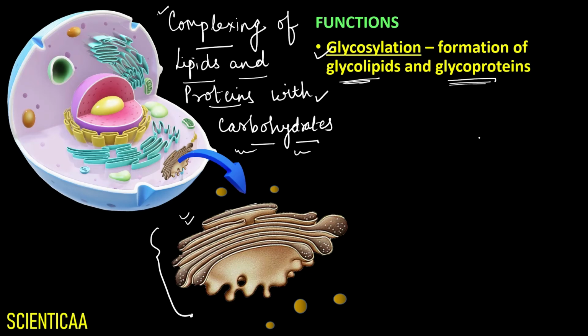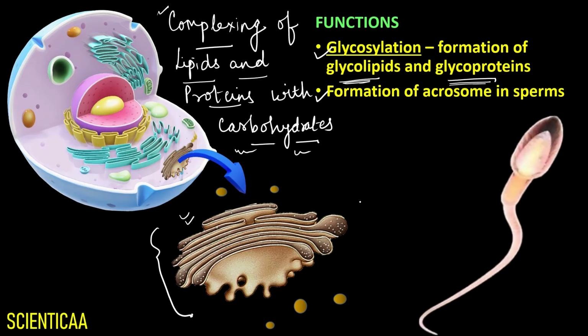Next important function is formation of the acrosome in sperms. Now, the acrosome is a special structure which is present near the tip of the sperm and it contains hydrolytic enzymes.